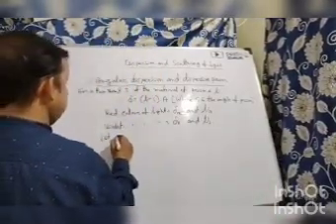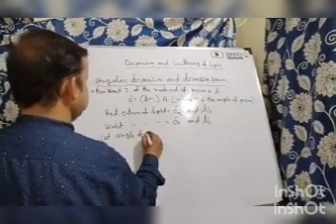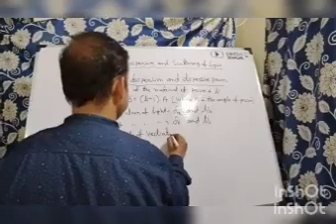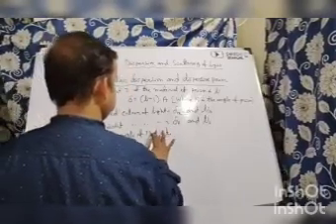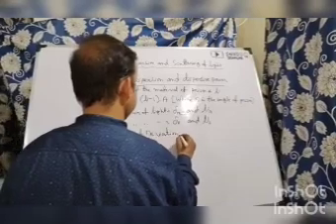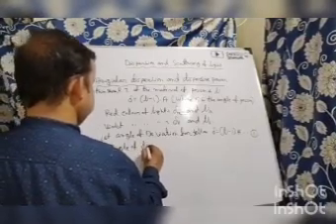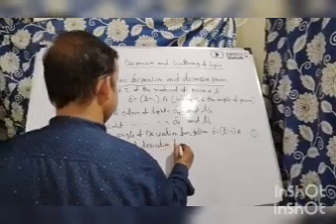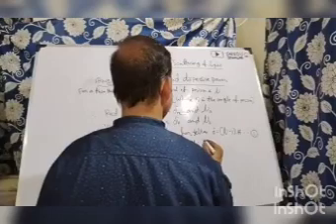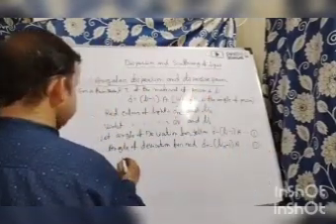So let the angle of deviation for yellow delta be equal to (mu minus 1) into A. The angle of deviation for red will be delta R equal to (mu R minus 1) into A, and the angle of deviation for violet delta V is equal to (mu V minus 1) into A.